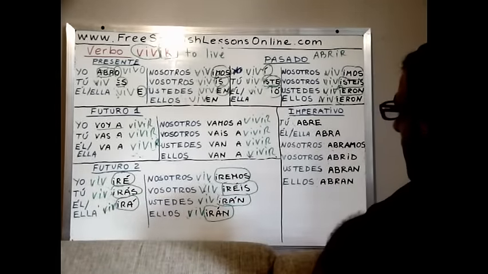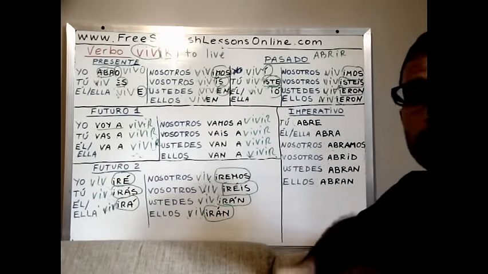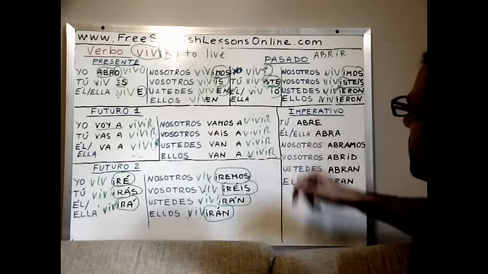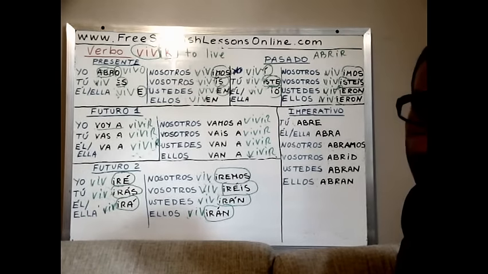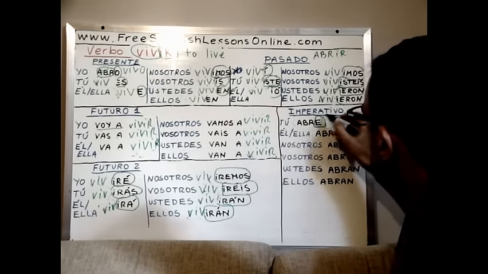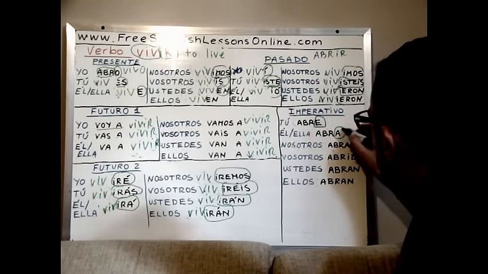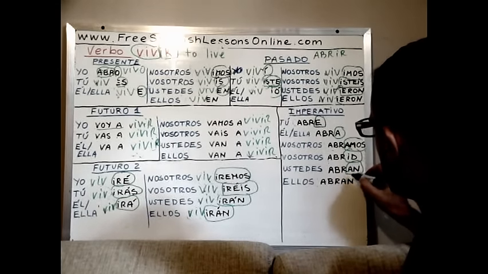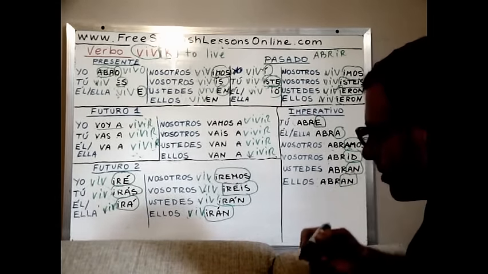Okay? And now, same thing with the imperative tense. Remember that for the imperative we don't have first person, right? We don't have I. So we begin with you. Okay, so again we will recycle the ending for the imperative, right?